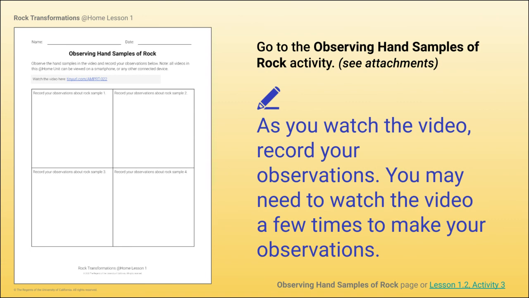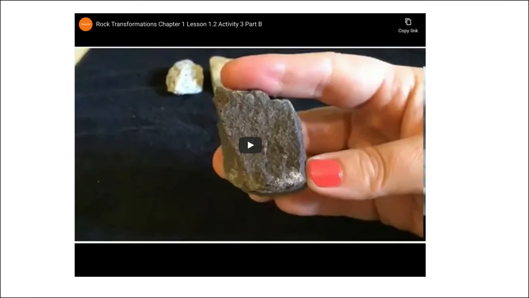Basically, what you need to focus on is writing down your observations, and you might want to do it on a piece of paper and then transfer it onto this just so you're not flipping back and forth. And next you're going to watch a video and make some observations.